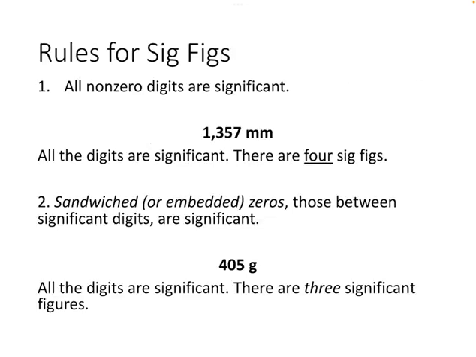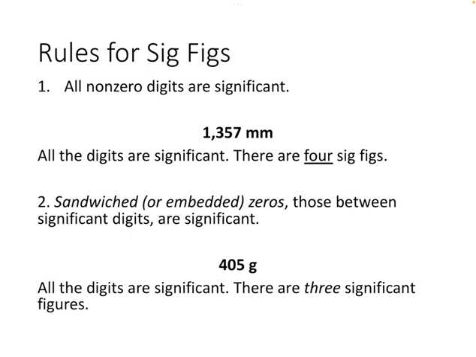So let's look at some rules for significant figures, which sometimes we call sig figs for short. What numbers will be significant in a measured value and which numbers will be non-significant in a measured value? So for example, in the last slide, we measured that block to be 1.36 centimeters. All of those numbers were non-zero digits.